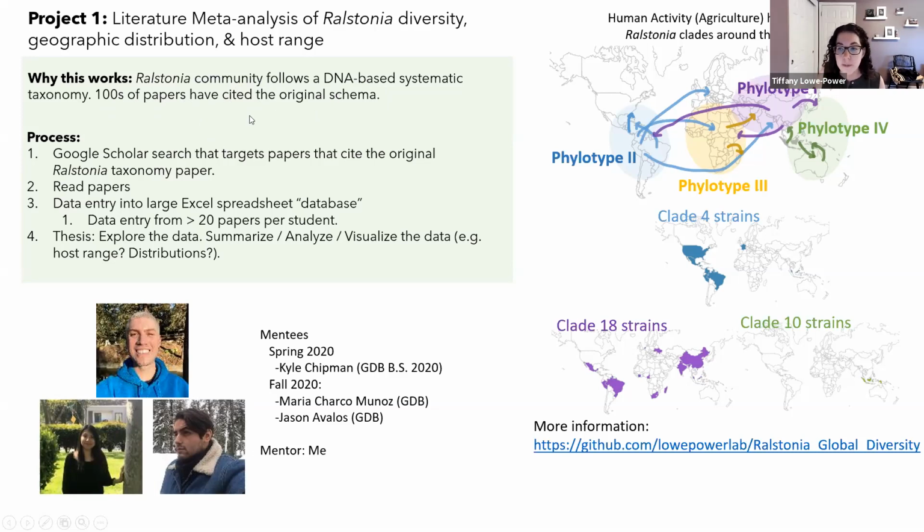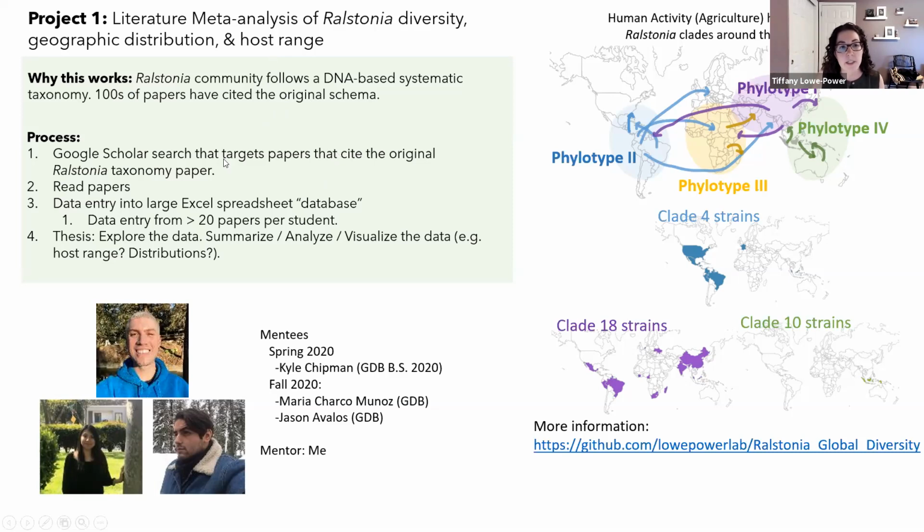And I knew from having read some of these papers that a gap in my own knowledge is really understanding how these diverse groups of this pathogen are spread around the world, where they are, and what plants catch a lot of disease from Ralstonia in different locations.